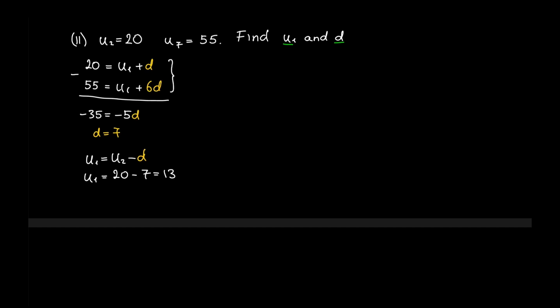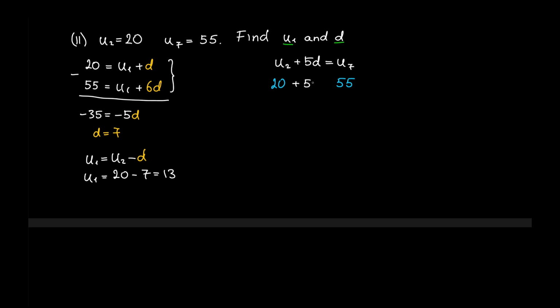Another way that we could solve this is by using u2 and u7 directly. Here, please notice that u2 plus 5 of those differences is technically equal to u7. This simply means between the second and the seventh term, there are 5 differences in between. And then all I can do is plug in the numbers that are already provided for us.